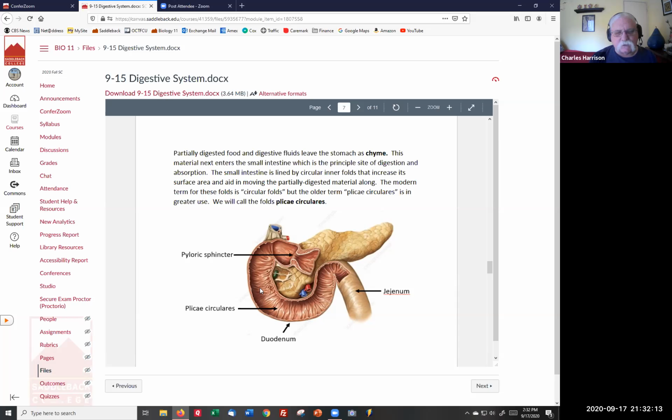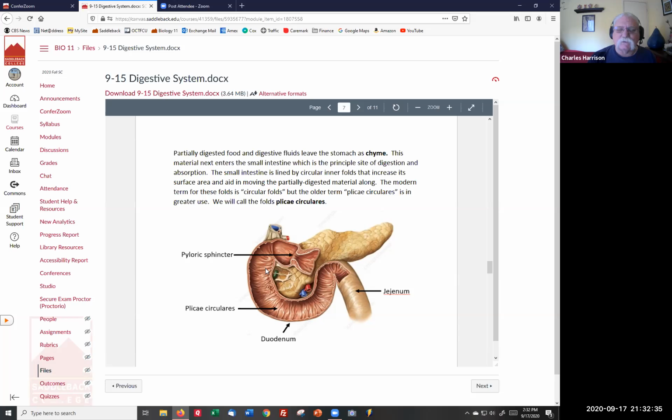Yes, a small amount of carbohydrate is digestible in the mouth, but we swallow the food too quickly to have it really do much good. Okay. Protein is further digested in the small intestine, and fat is emulsified in the small intestine.